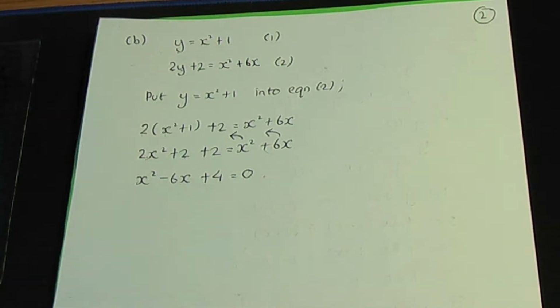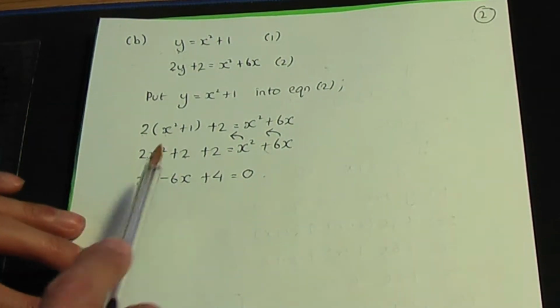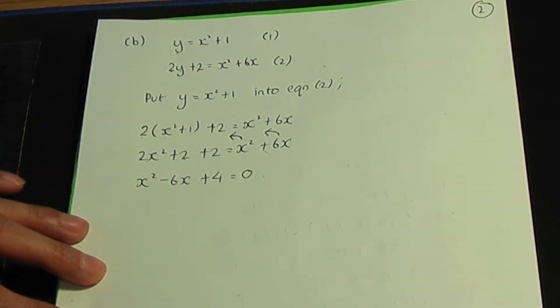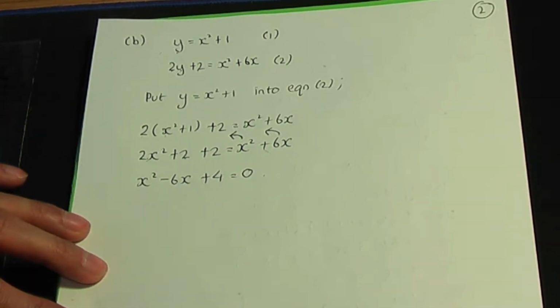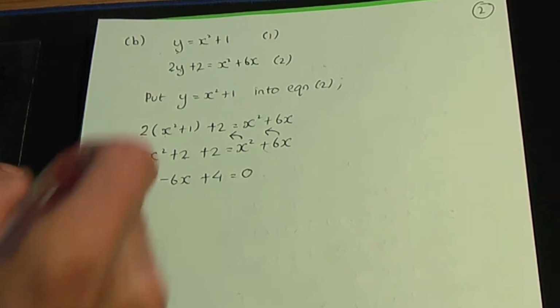So this should be the form of the quadratic. Now, unfortunately, unlike part A, we can't factorise this quadratic. We need to use the quadratic formula.